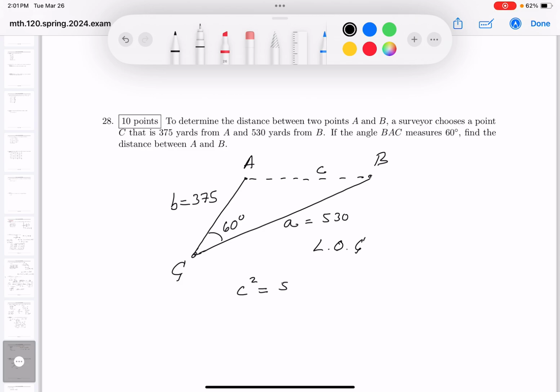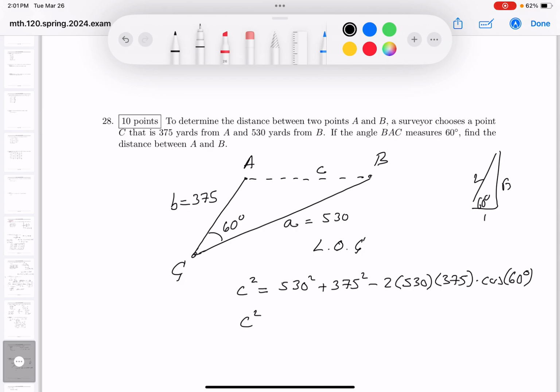That's 530 squared, plus b squared, 375 squared, minus 2 times 530 times 375. And then I'm going to get the cosine of 60 degrees. Right? I want to remind you, 60 degrees, you should know it. Right? 60 degrees looks like that kind of triangle over there. 1, 2, root 3. The cosine is just a half.